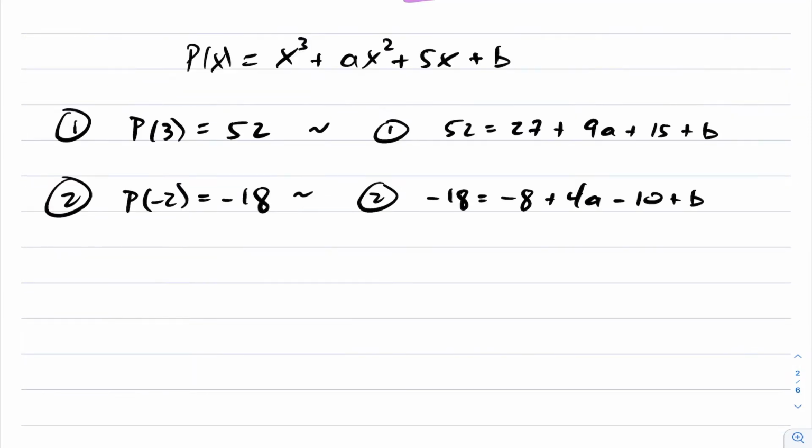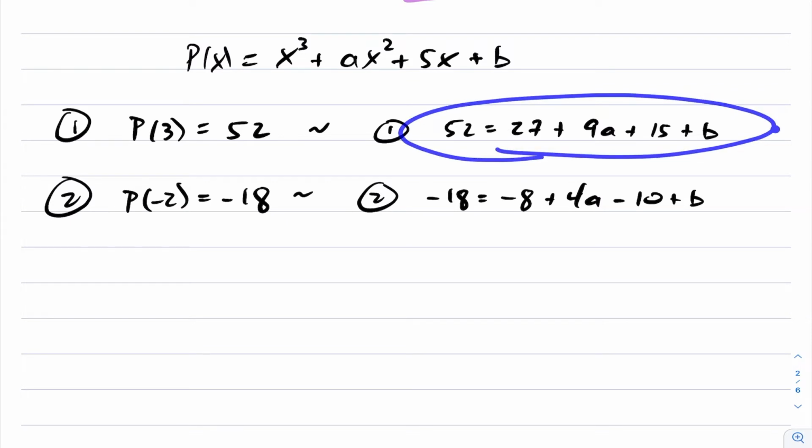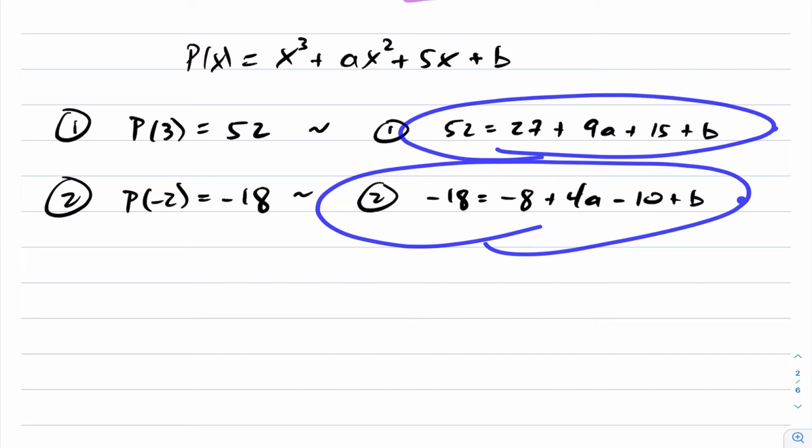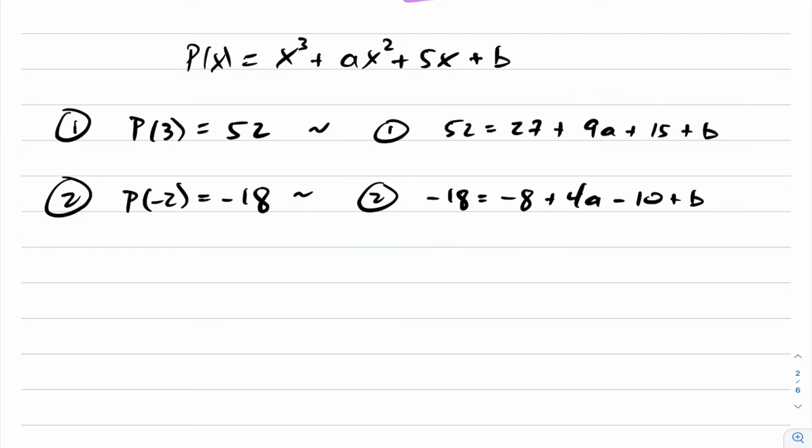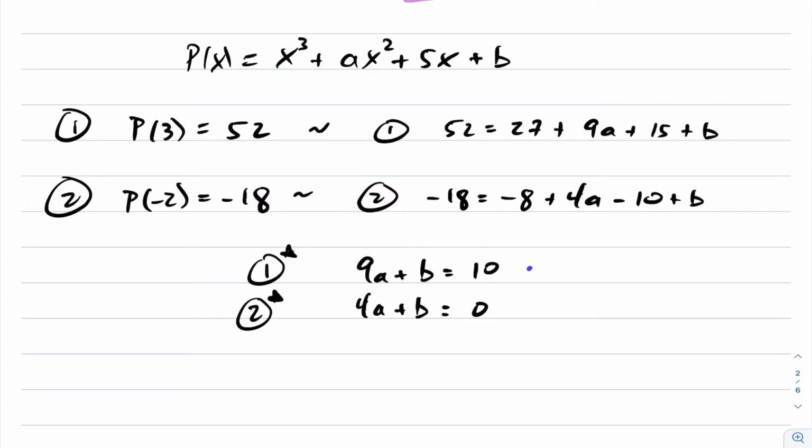So the two equations this creates are 52 equals 27 plus 9a plus 15 plus b, and negative 18 equals negative 8 plus 4a minus 10 plus b. Let's simplify these two equations and see what we get. Simplifying, we get 9a plus b equals 10, and 4a plus b equals 0.